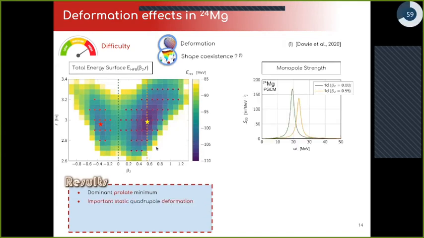But let us start comparing two P-GCM solutions obtained for static deformations. The green strength represents the results of the calculation obtained mixing only spherical solutions, so along this green line on the surface, and the yellow strength represents the mixing of the solutions along this yellow line, so with a static deformation, which is supposed to be the one which minimizes the mean field energy.